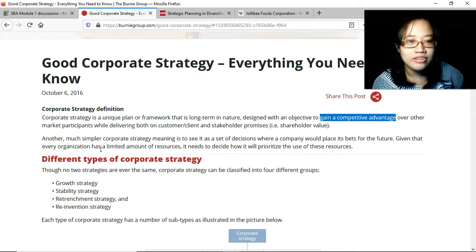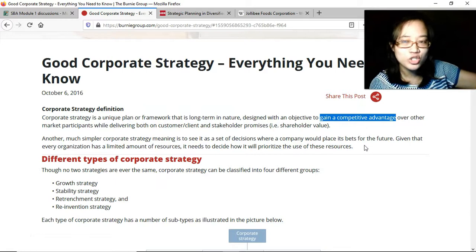Okay. And then another much simpler corporate strategy meaning is to see it as a set of decisions where a company would place its bets for the future. In a way, it's achieving the goals and objectives that you've set for the business. It's something that needs to be achieved in some future time, right?